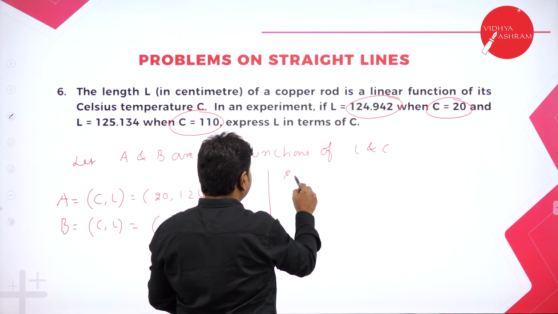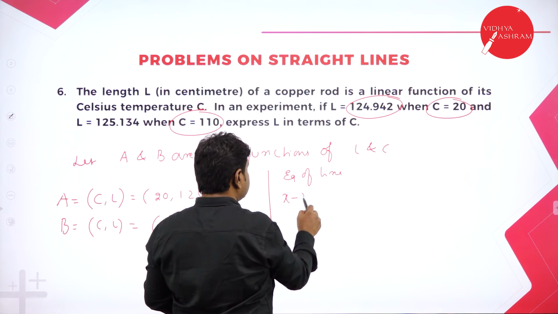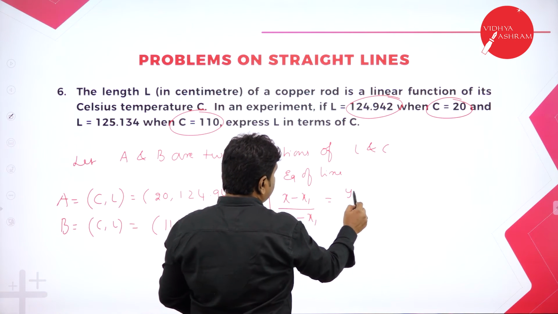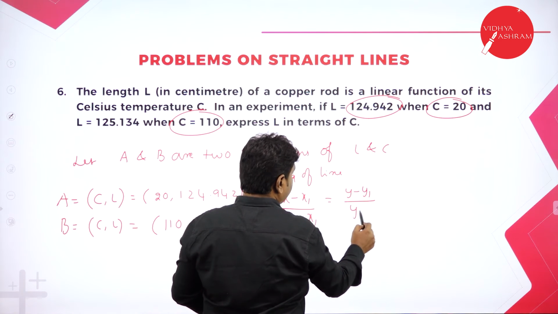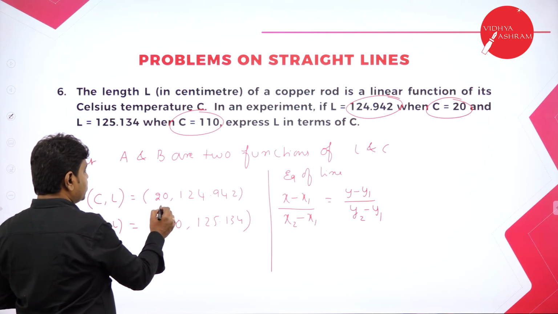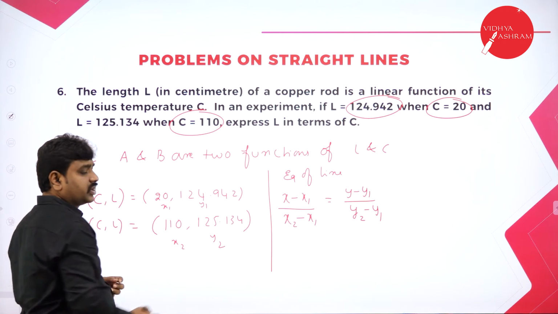So now the equation of the line, use 2-point form. What is 2-point form? (x minus x1) by (x2 minus x1) equal to (y minus y1) by (y2 minus y1). Now the first point we call x1, y1, the second point we call x2, y2, and substitute in it.